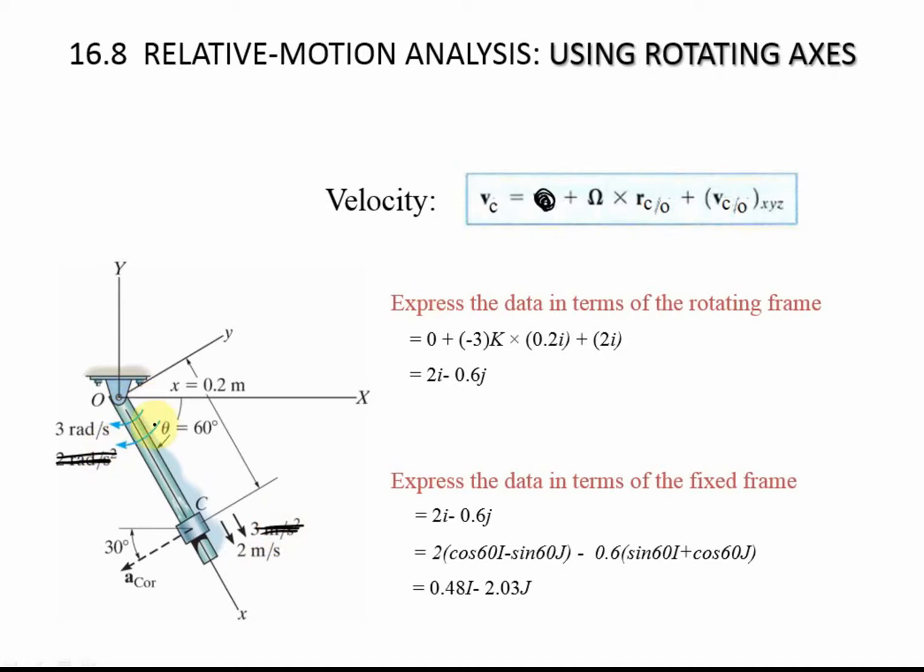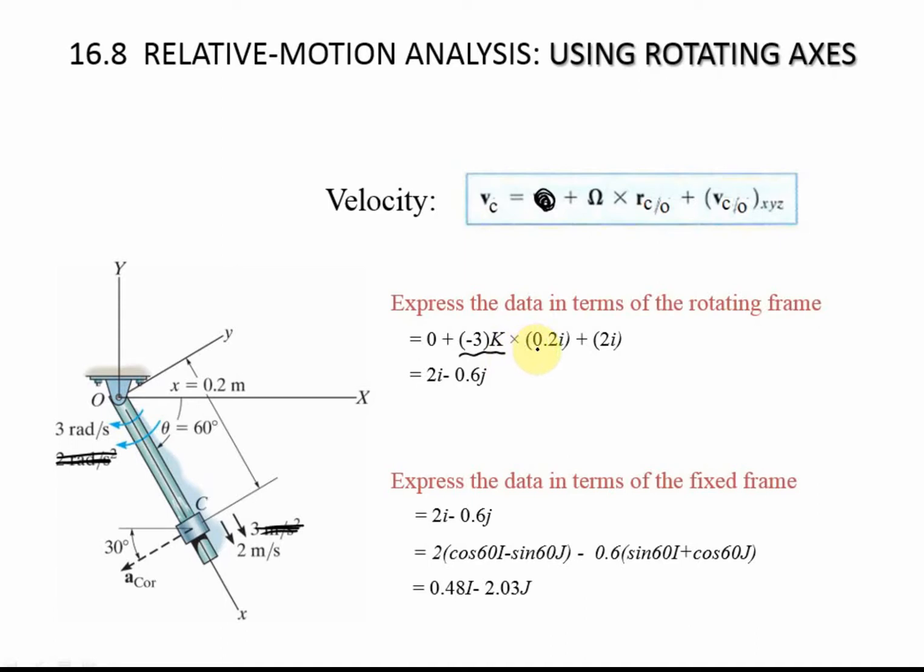So right now this is rotating clockwise. So our omega is minus 3k. I just used capital K because the capital K is the direction pointing out of this board. That's the direction of the angular velocity.